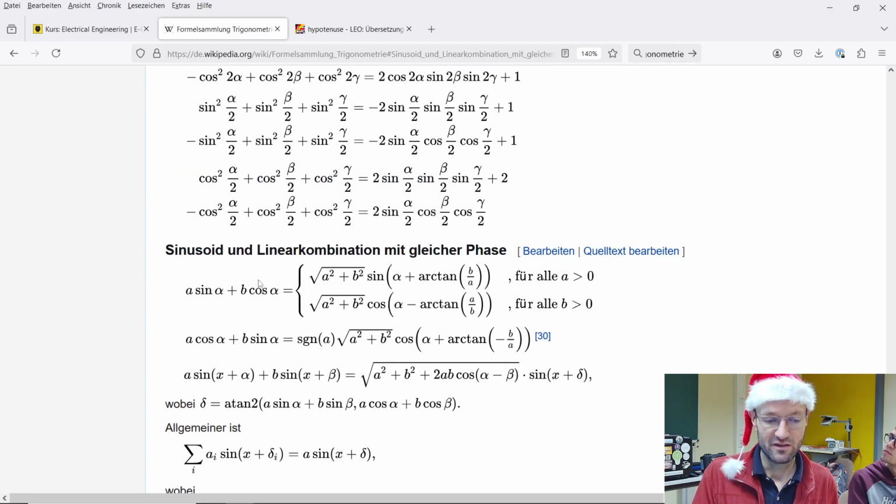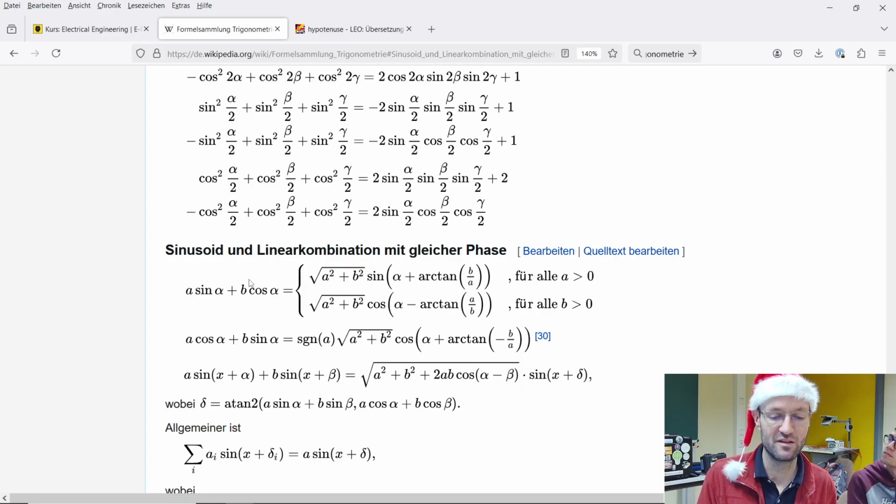So if you have the sum of a sine function and a cosine function with the same argument, but just with different magnitudes, in our case they would also have the same magnitude, then we get something like this.